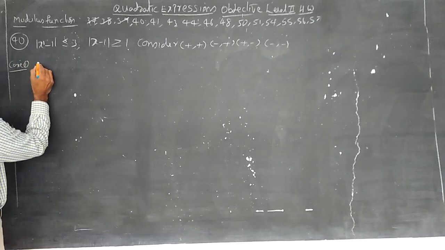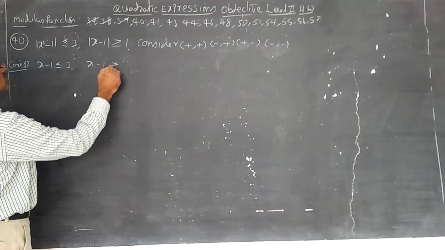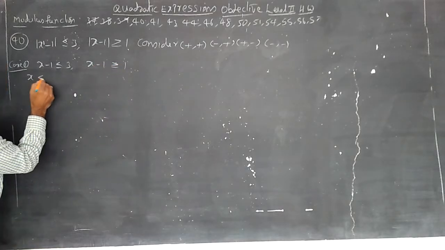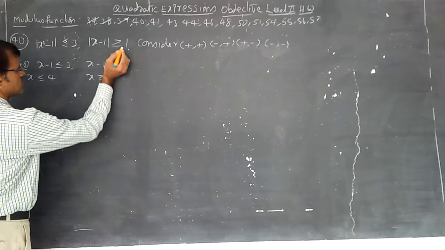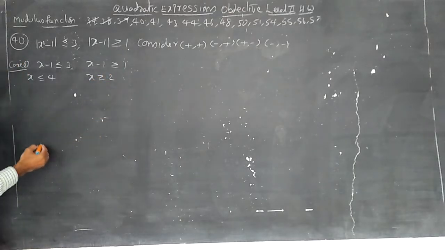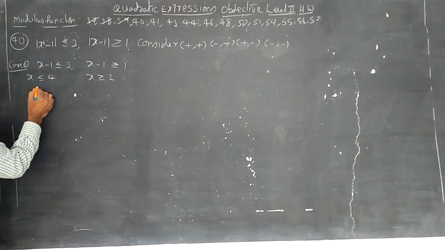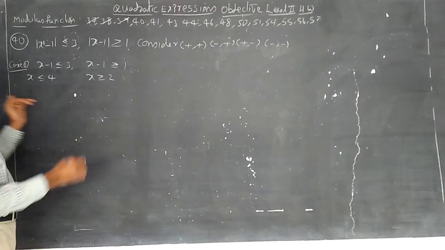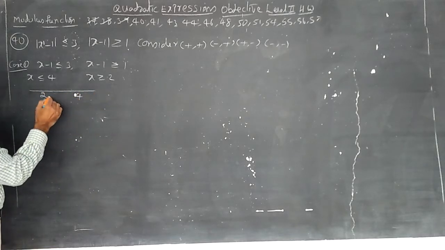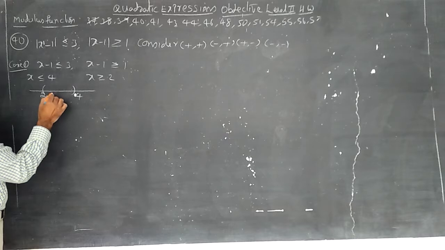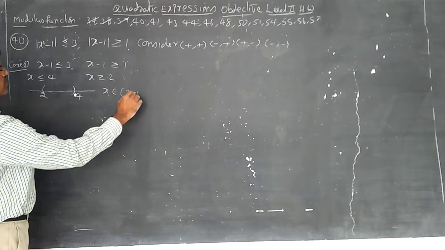Plus plus case. So x minus 1 less than or equal to 3, x minus 1 greater than or equal to 1. Here you write x less than or equal to 4 and x greater than or equal to 2. So x greater than or equal to 2 and less than or equal to 4. This is 2, this is 4. This is correct. So x belongs to the closed interval 2 comma 4.